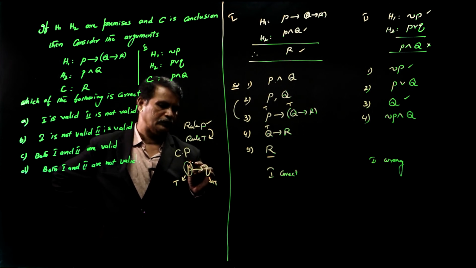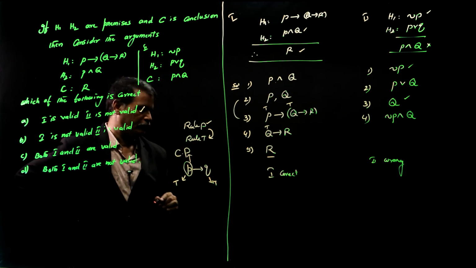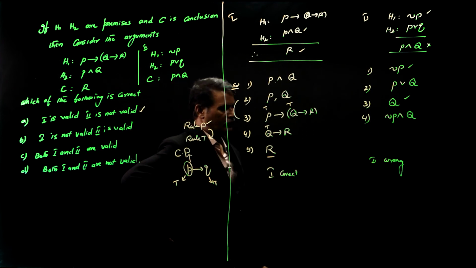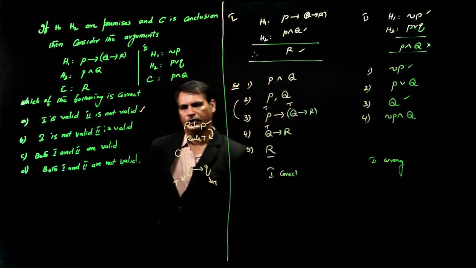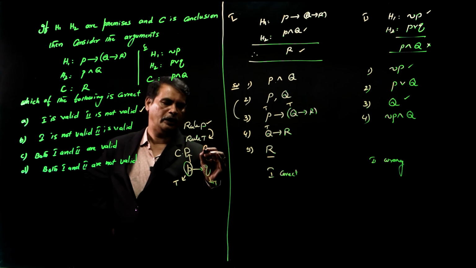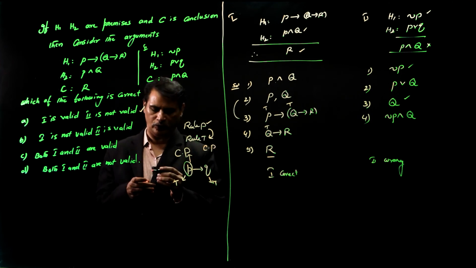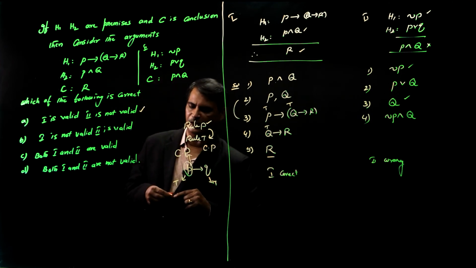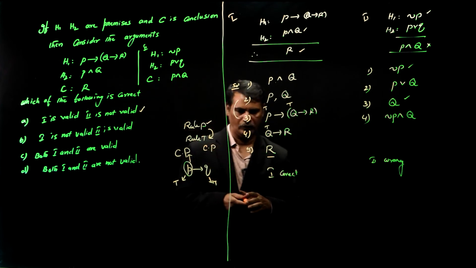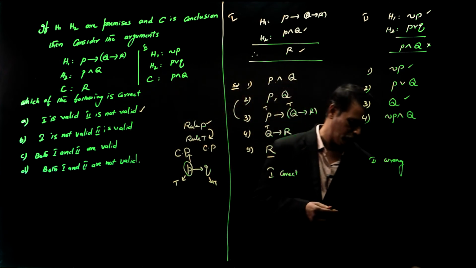So at certain stages we can use the CP rule, which is another model. So, rule P, rule T and CP rule. CP rules are used to get valid conclusions.